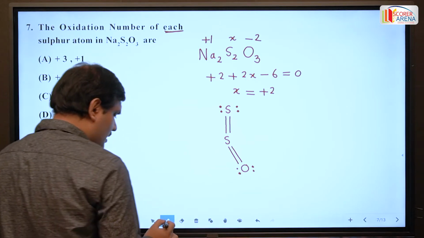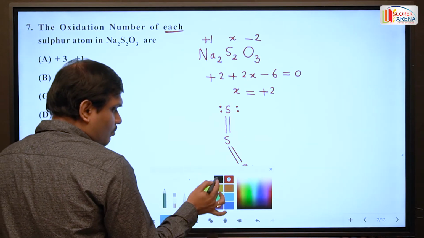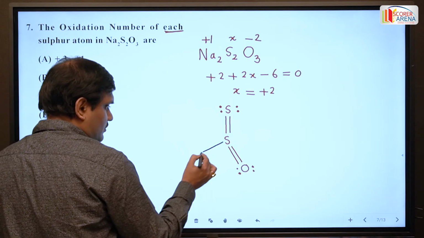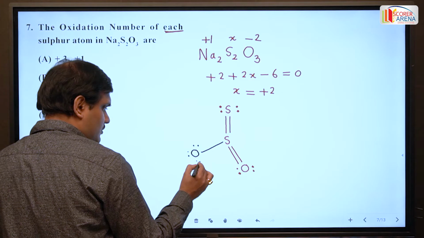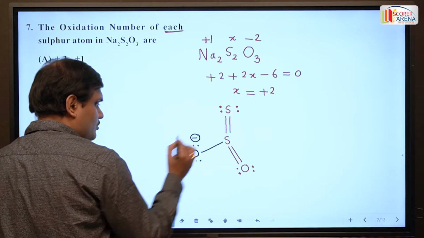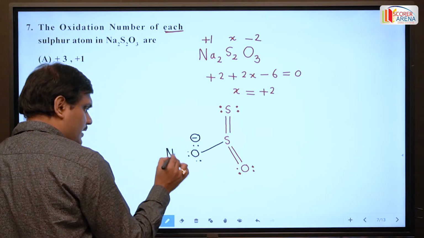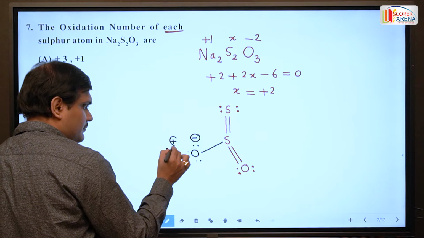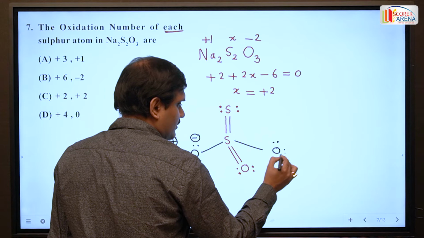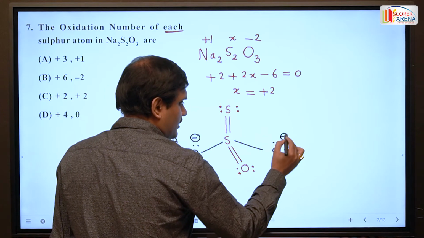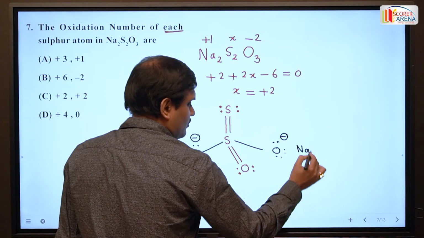And definitely I have 2 O minus, each attached with sodium by an electrovalent bond, again O minus bonded by electrovalent interaction.